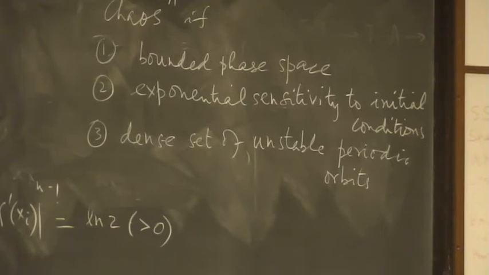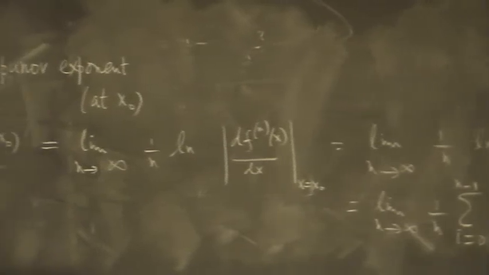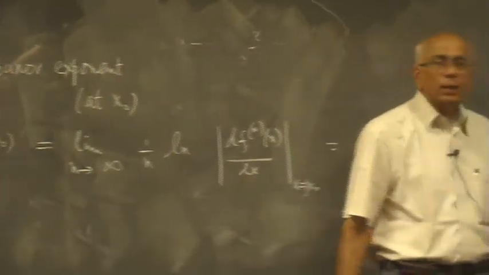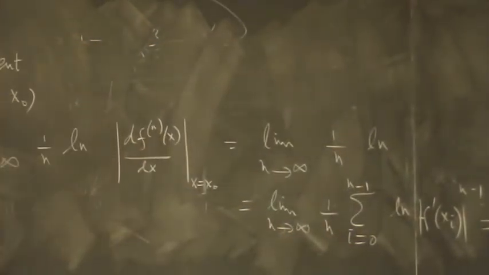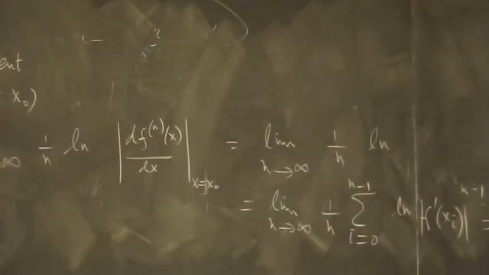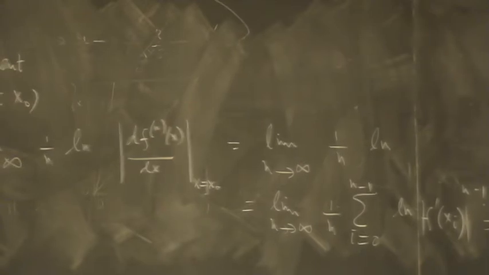Now, of course, this was a very simple model because all the slopes were constant. So these three pieces of information exist in the Lyapunov exponent. Well, the Lyapunov exponent implies all these three, once it becomes positive. That's why it is a sufficient condition.